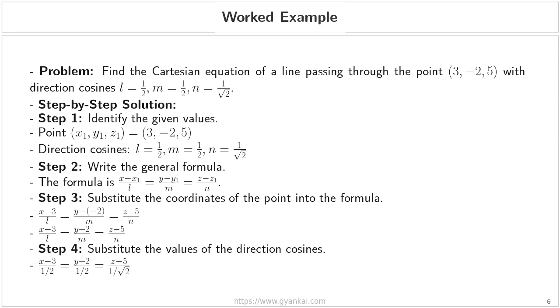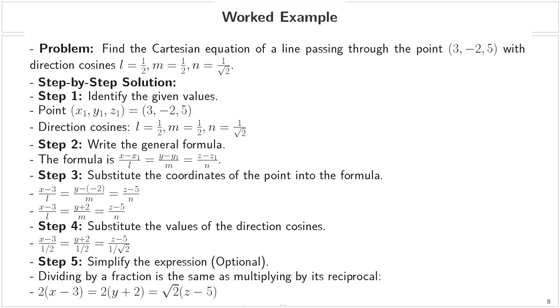Fourth, step 4. Now, we substitute the actual values for our direction cosines. This gives us the fraction of x minus 3 over 1/2 equals the fraction of y plus 2 over 1/2, which equals the fraction of z minus 5 over 1 over the square root of 2.